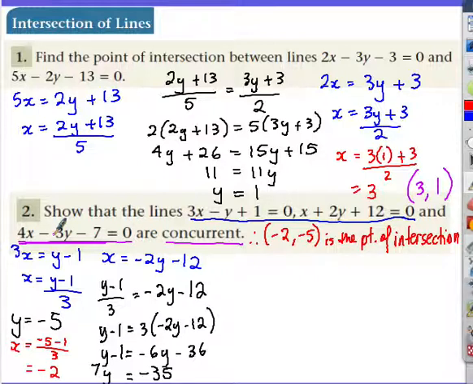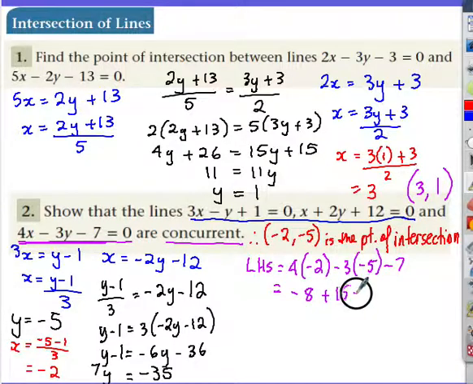So left-hand side equals 4 times x minus 3 times y minus 7. Because it says show, you've got to make sure you're showing every step of the way on substitution. So negative 8, plus 15, minus 7, that equals 0, which is the right-hand side. So all those lines are concurrent.